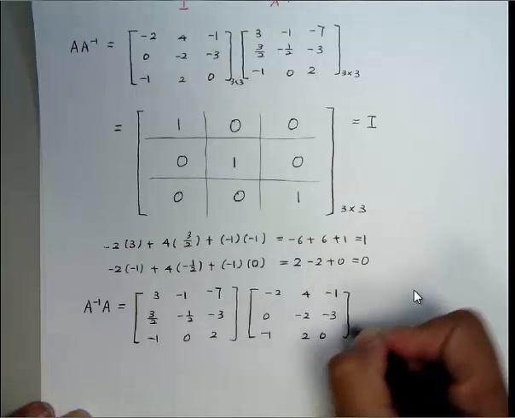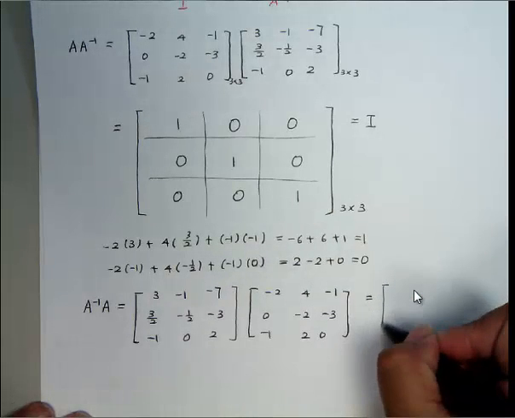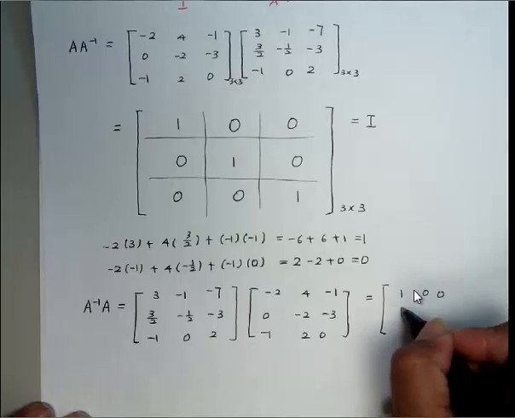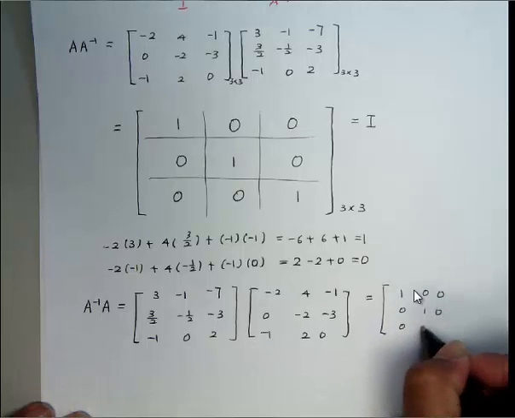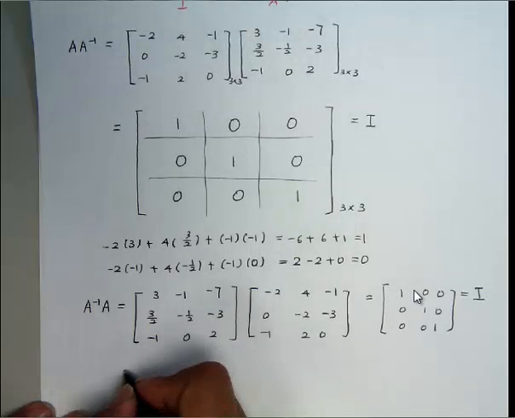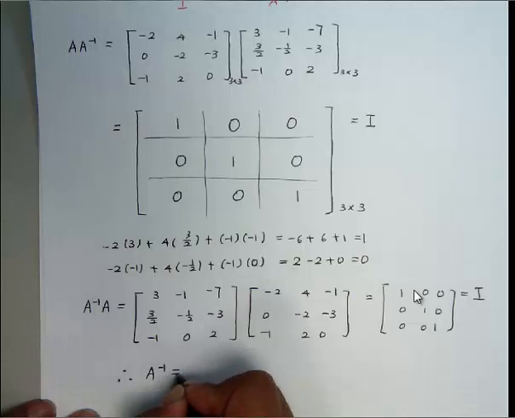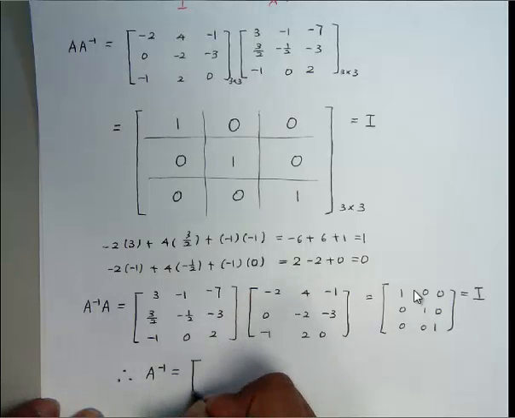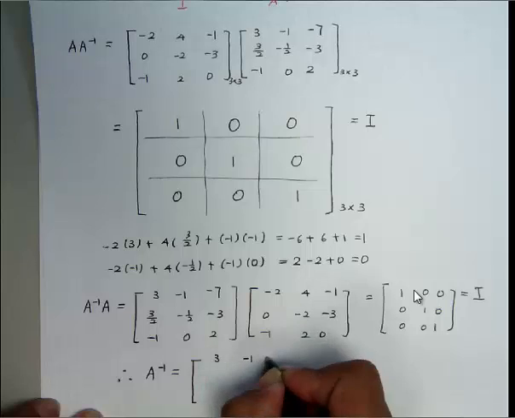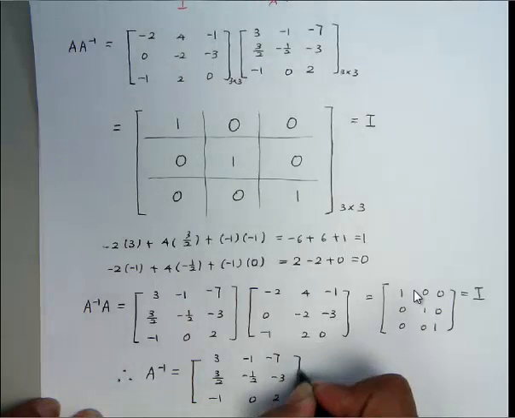Carry out this multiplication similar to the one above, and eventually you find out, yes, we do get an identity matrix as a result, so that is true. Therefore, after you check both conditions, you can conclude that the inverse equals 3, negative 1, negative 7, 3 half, negative 1 half, negative 3, negative 1, 0, 2.